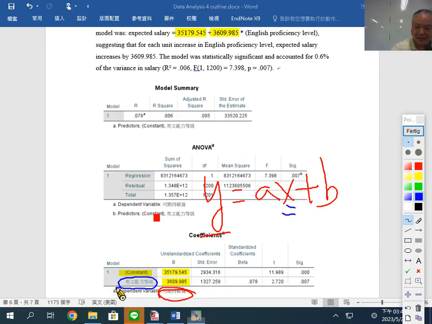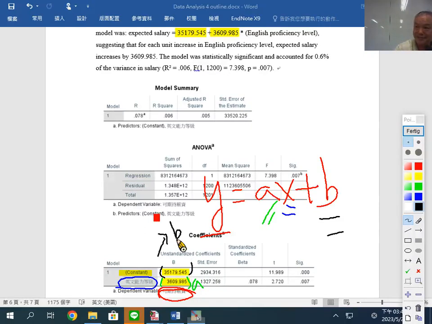And A, how about A? A refers to this B value. So this is A, right? And how about the last one? The B value, constant, refers to this number. So this is B. So now we have a whole set of equations, right?